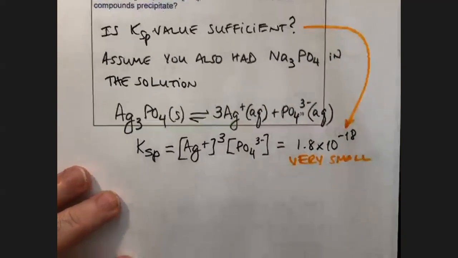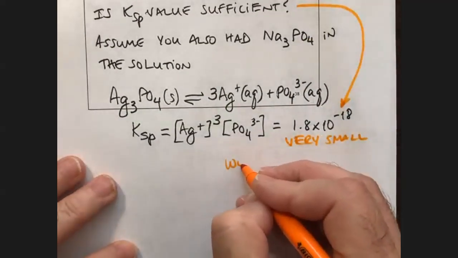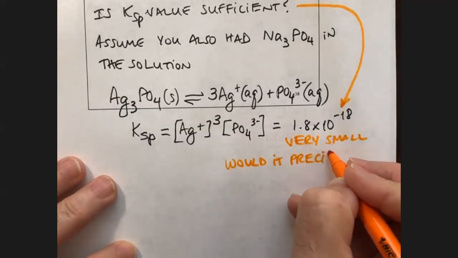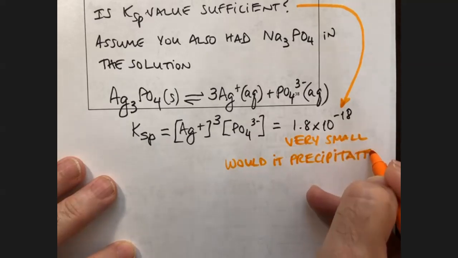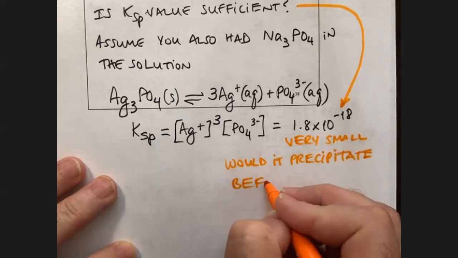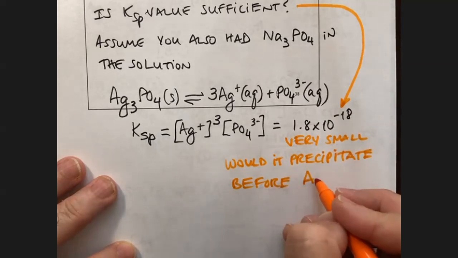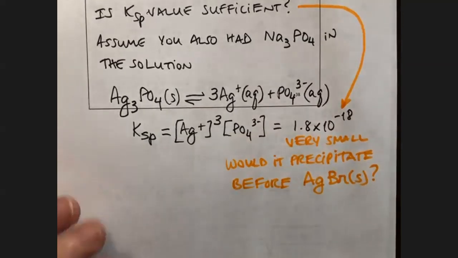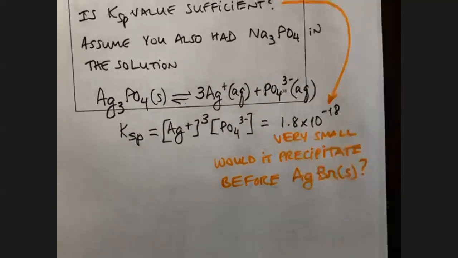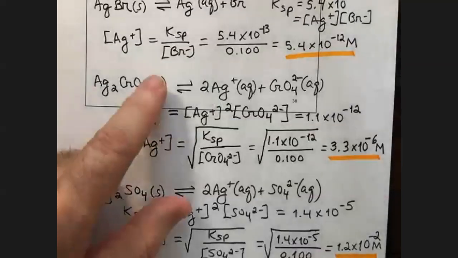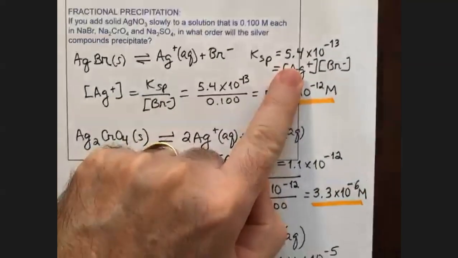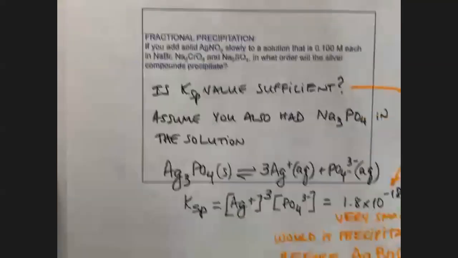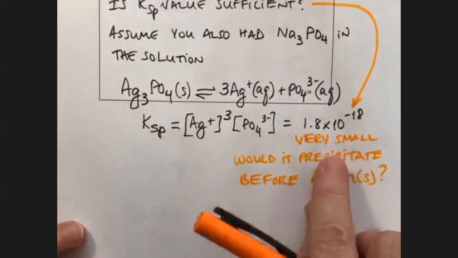So you would say, well, would it precipitate before the silver bromide? Remember, in our initial step here, we said that silver bromide has a KSP of 5.4 times 10 to the minus 13. So we would think, well, since that is so much smaller here, shouldn't it precipitate first?